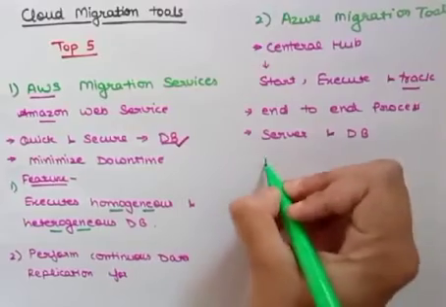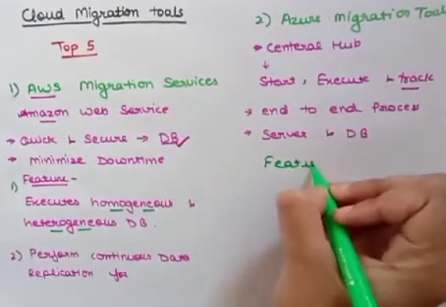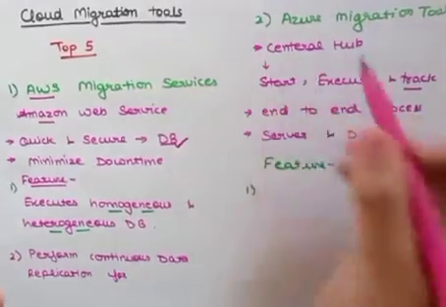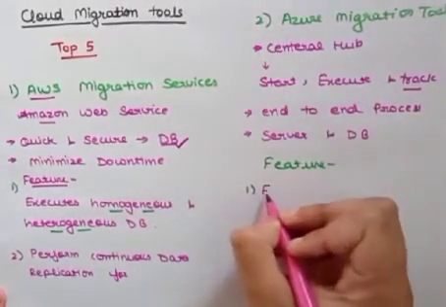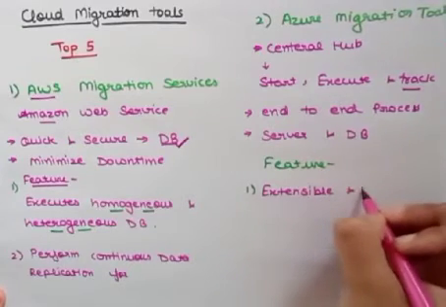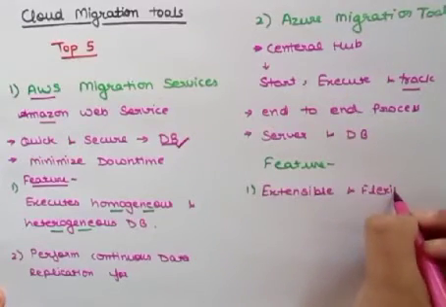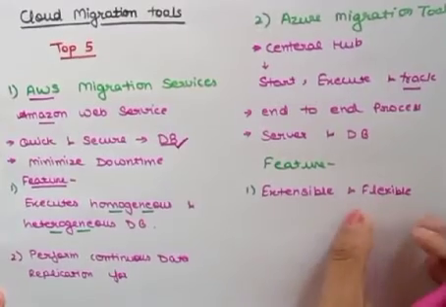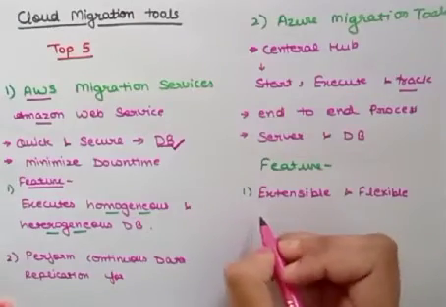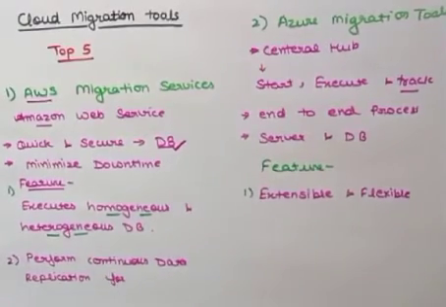It has some features. So the first feature of Azure migration tool is it is very extensible and flexible. Flexible means it is very easy to use. Anyone can use it according to their requirement. It is very flexible to streamline your migration, right?